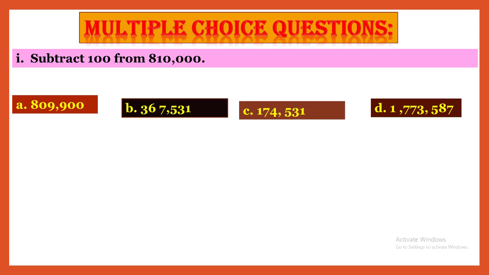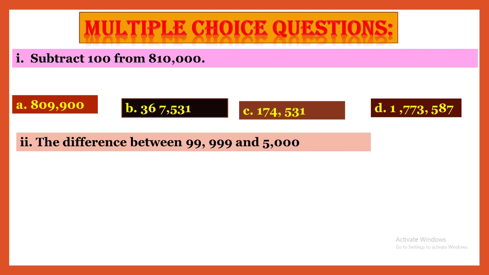First one is 800,900. Second one is 367,531. Next one is 174,531. Last one is 1,773,587.